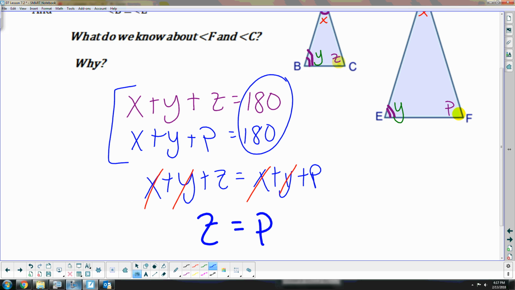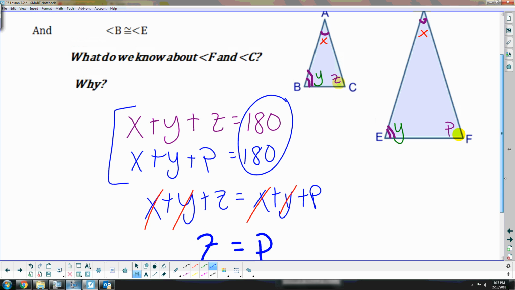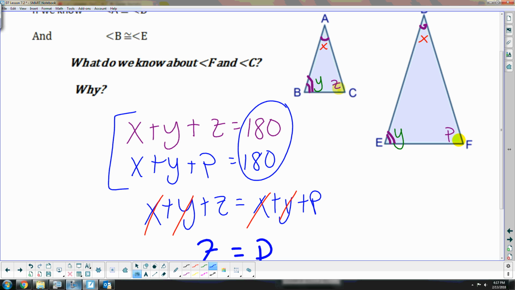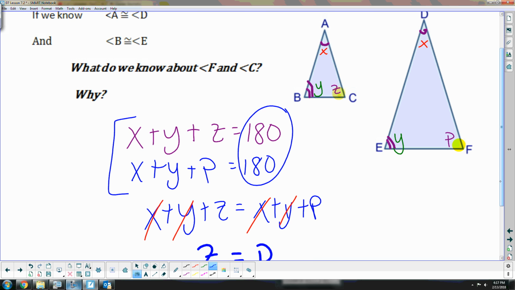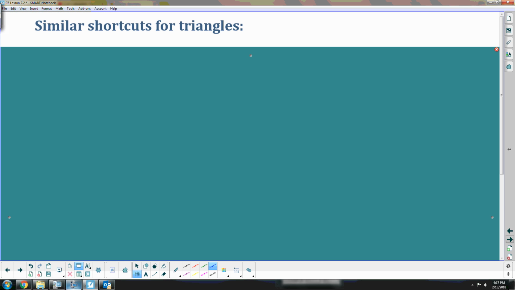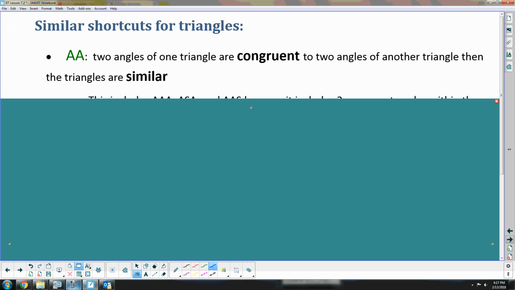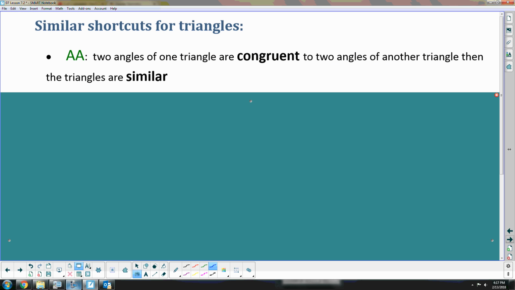So because both triangles have to sum to 180, if two angles are congruent, so if A is congruent to D and B is congruent to E, then C and F have to be congruent. So when we're looking at similar shortcuts, you can prove similarity with three angles of triangles, but really all you need are two angles.